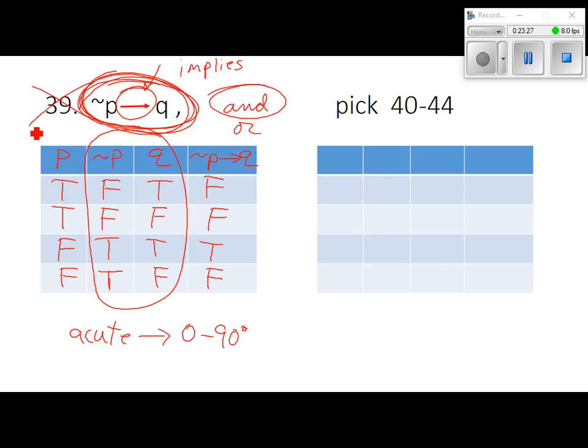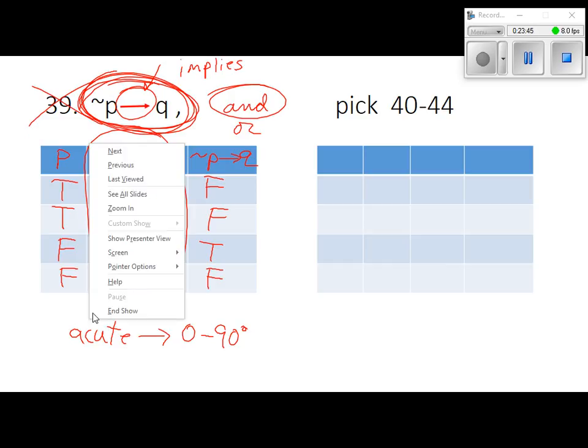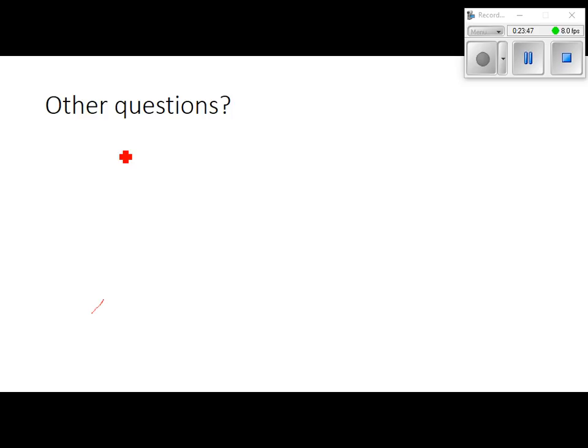I really don't care that much about them. The main thing is making sure you can think things through logically and know that if you have and in there, both parts have to be true for the whole statement to be true. If you have or in it, only one of the two parts has to be true. Other questions? Other things off that page you want to see?